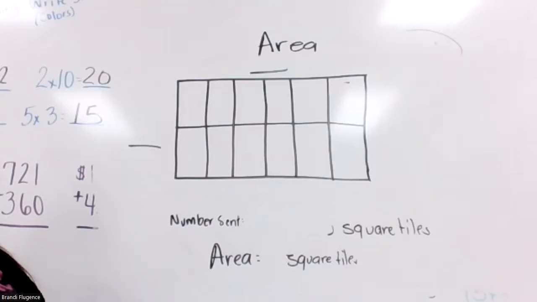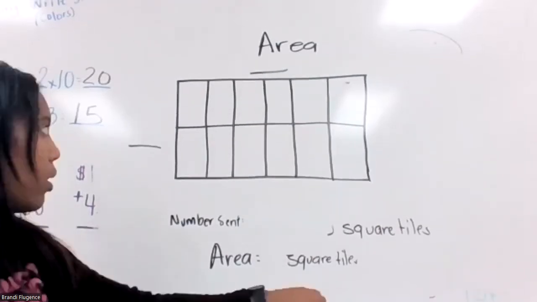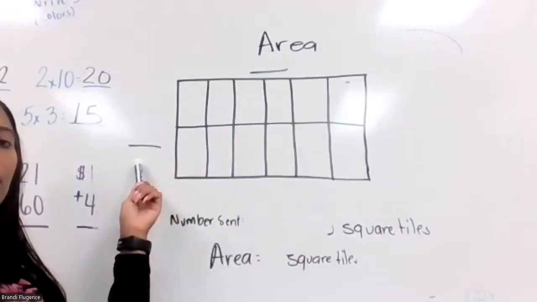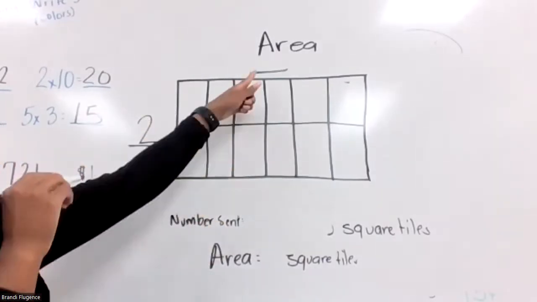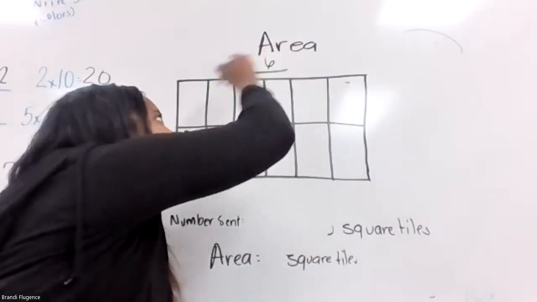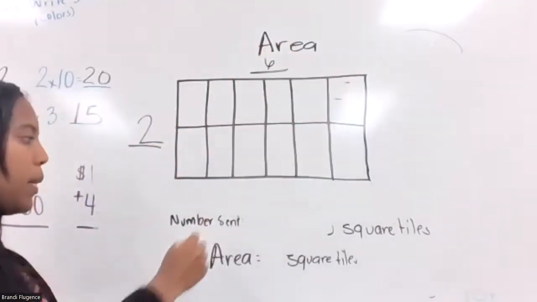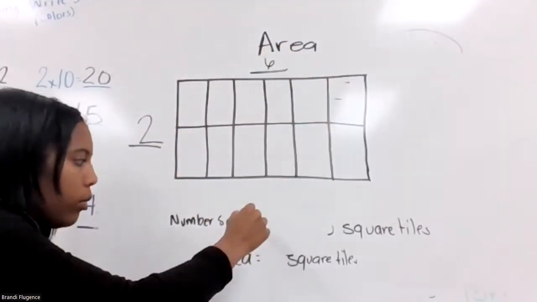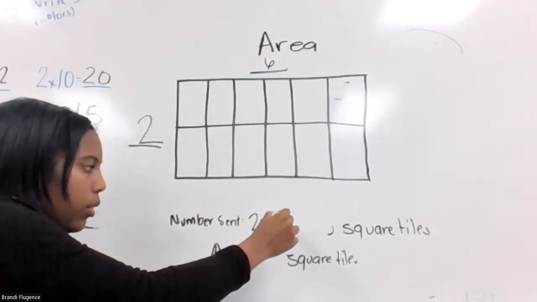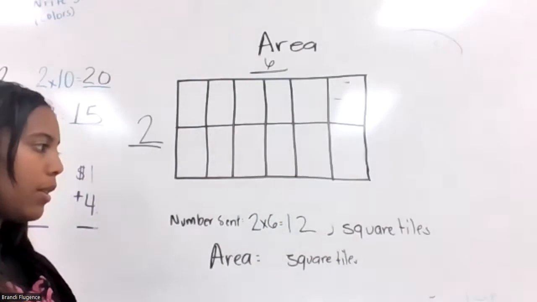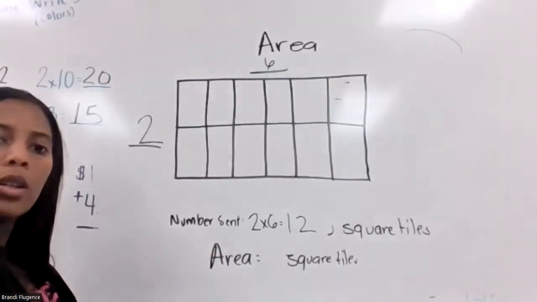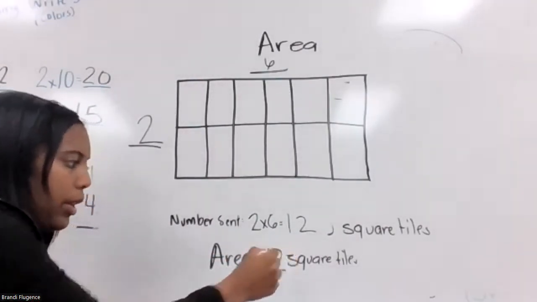Okay, by 2. All right, so let's go ahead and fill in the area. What number is here? 2. That's how many rows. What number is here? 6. That's how many tiles in each row. So what's my number sentence? 2 times 6 equals 12. 12 square tiles, and then the area equals 12 square tiles.